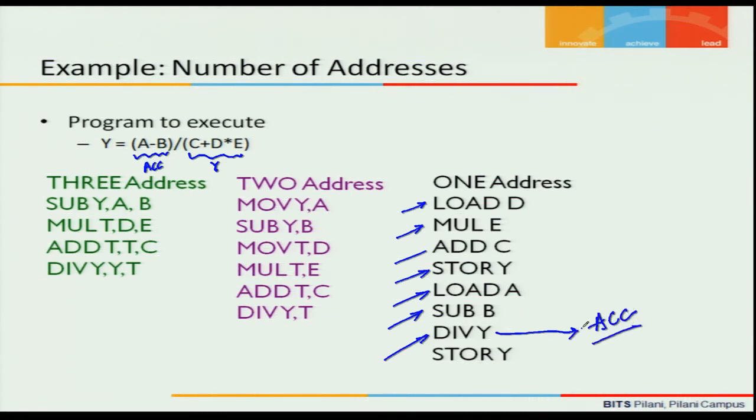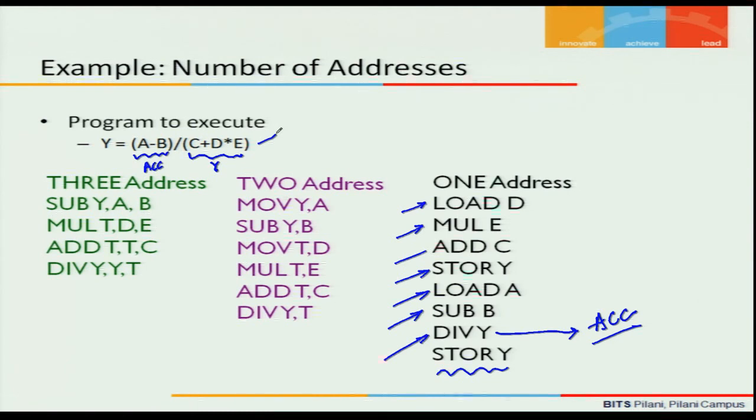So the result has to be finally taken to the register Y. So use this instruction to move the result to the register Y. At the end of this operation, the register Y will contain the value as required.